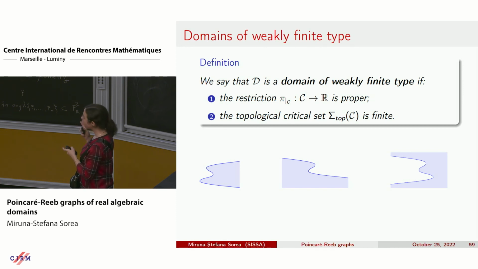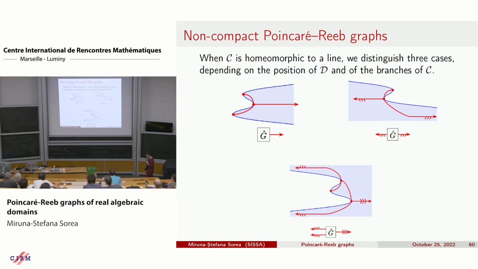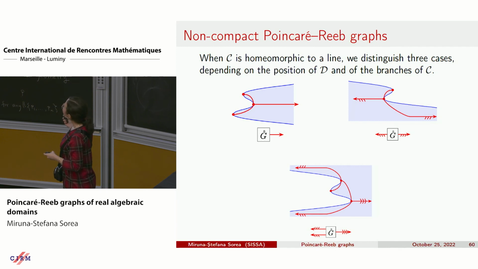And then for these domains, we don't have finite graphs any more because these are unbounded. So we needed to enrich the Poincaré-Reeb graphs definition. In the case where the boundary is homeomorphic to a line, we can have these three situations.